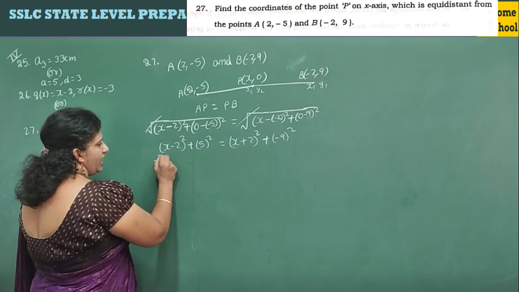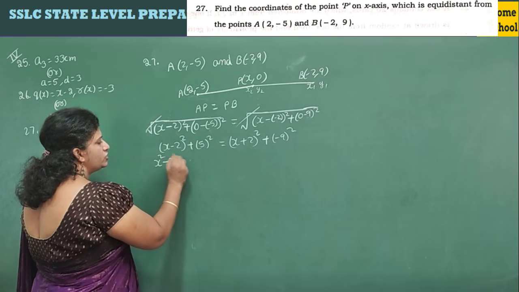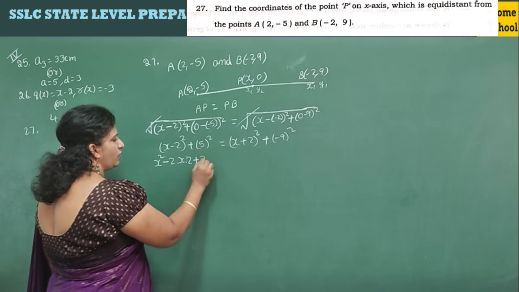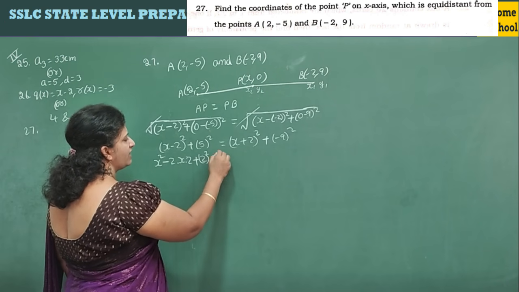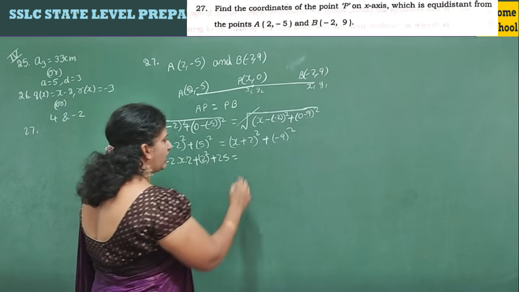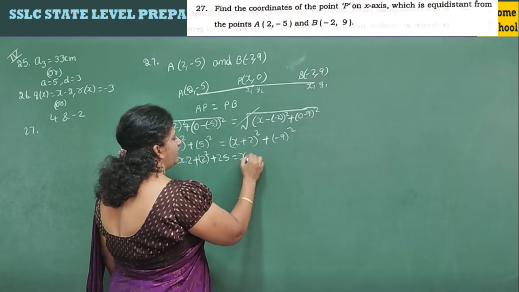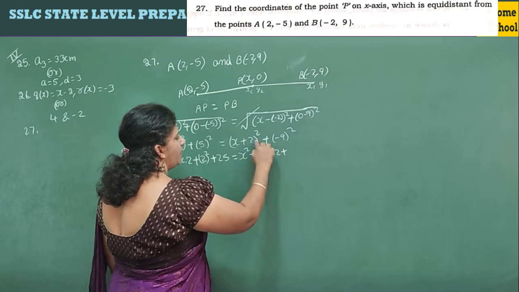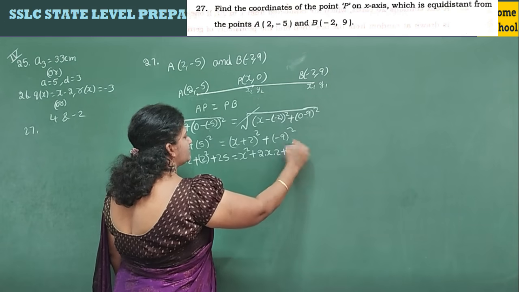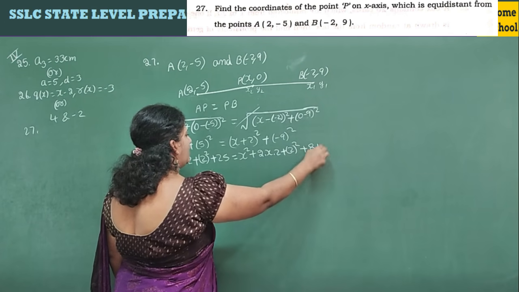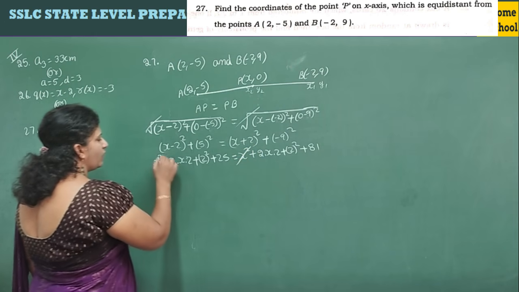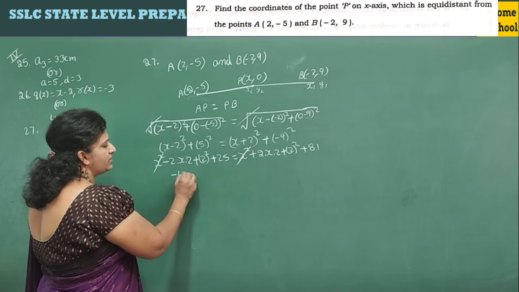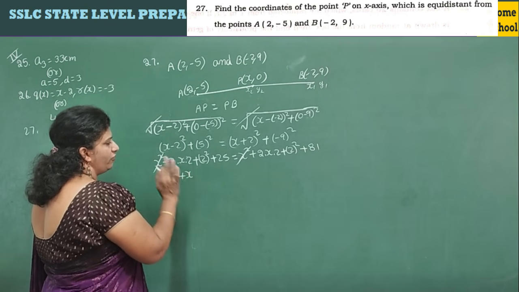Substitute: a square minus 2 into a into b plus b square, plus 5 5s are 25, is equal to (a plus b) whole square, a square plus 2 into a into b plus b square, plus minus into minus plus 9 9s are 81. x square will be cancelled, and here minus 4x, 2 2s are 4, right?